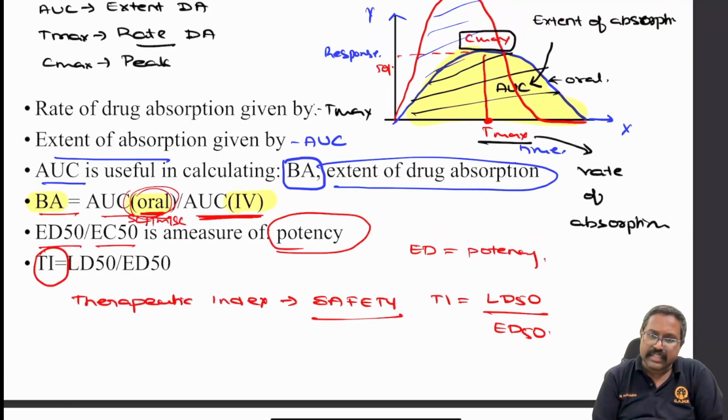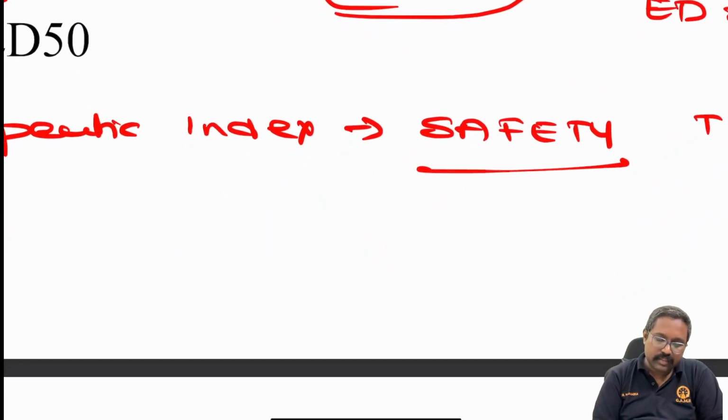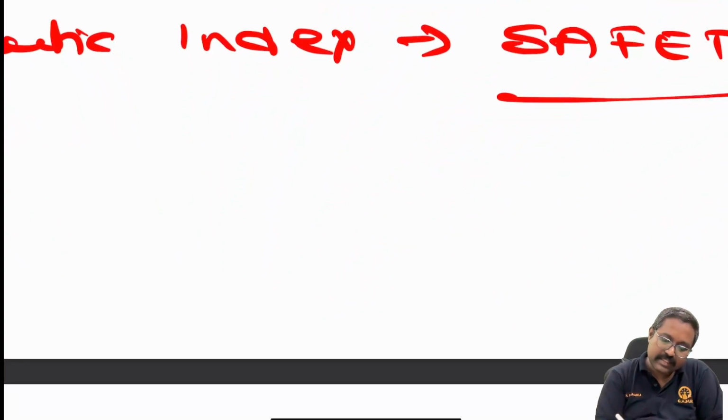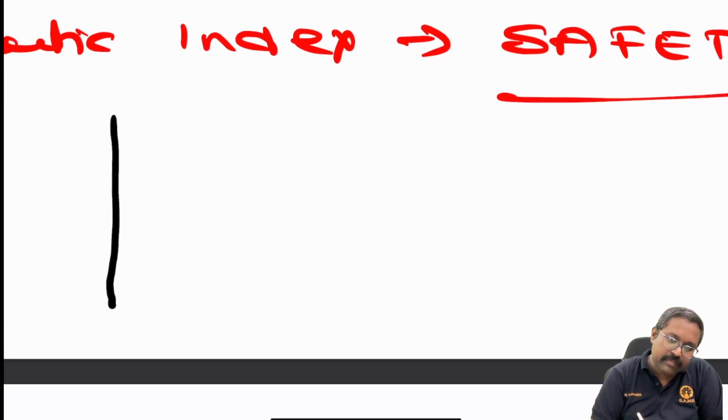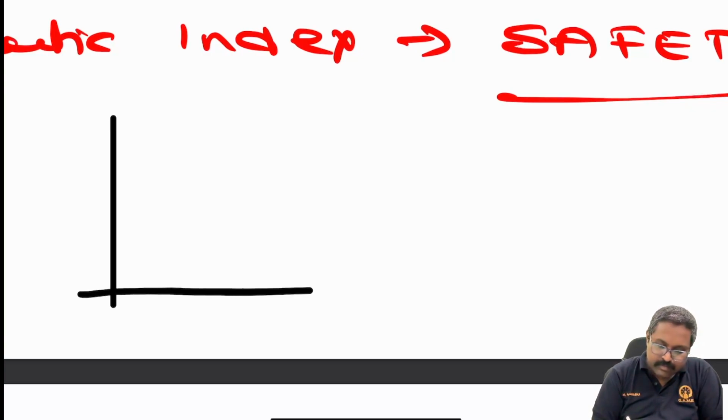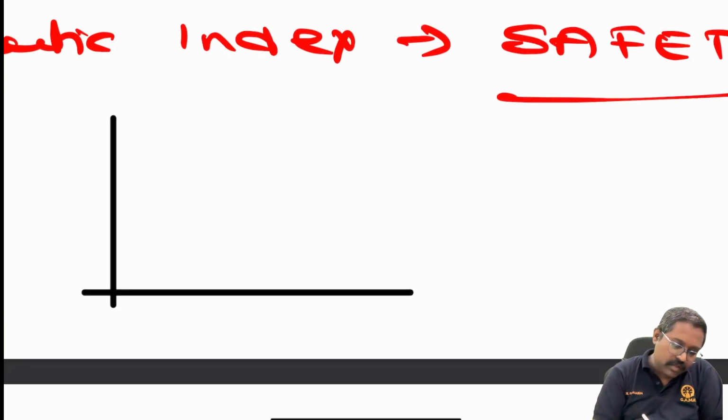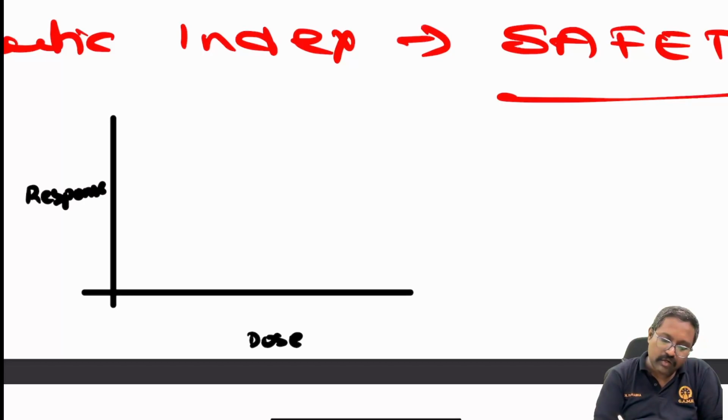So how to remember this in simple terms? Let us draw a diagram for the therapeutic index. This will be your response, and this will be your dose, that is a log dose.